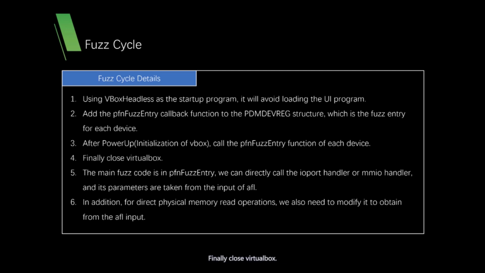Finally, close VirtualBox. The main fuzz code is in pfnFuzzEntry, and we can directly call the IO port handler and MMIO handler. Its parameters are taken from the input of AFL. In addition, for direct physical memory read operations, we also need to modify them to obtain data from the AFL input.